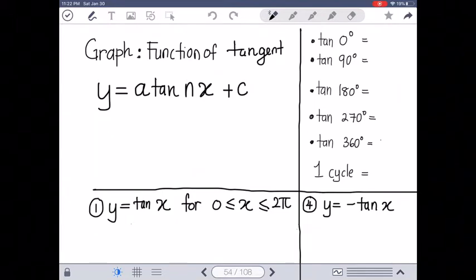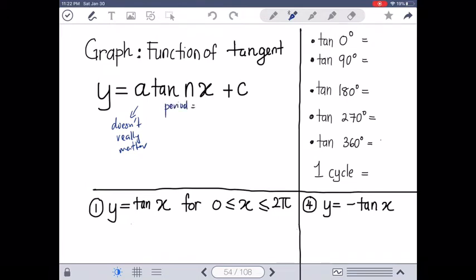In this video, we are going to discuss the graph of the tangent function. For the tangent graph, amplitude doesn't really matter. And the period for the tan graph is pi over n.